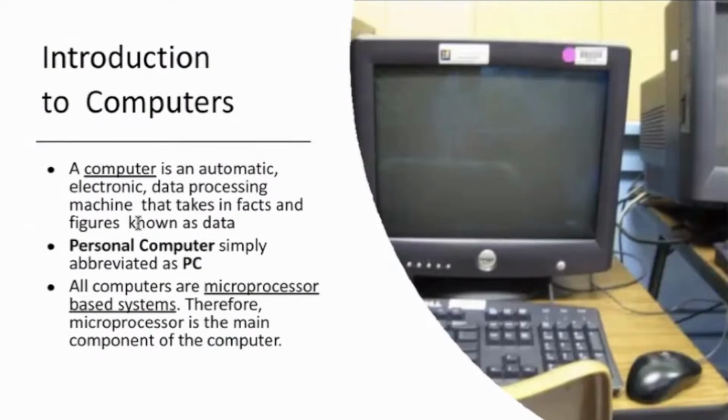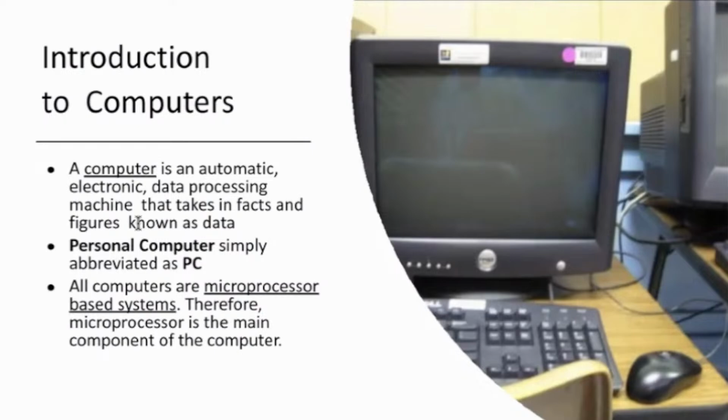Without the microprocessor, we cannot run our PCs or laptops. We have different kinds of microprocessors, different versions of microprocessor. According to the microprocessor, the computer has many features like speed, power on speed.